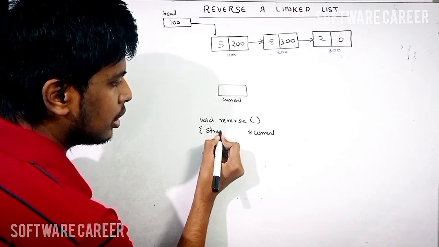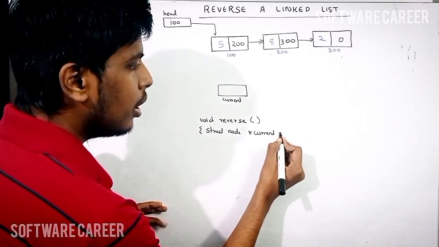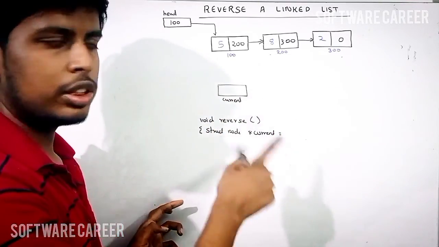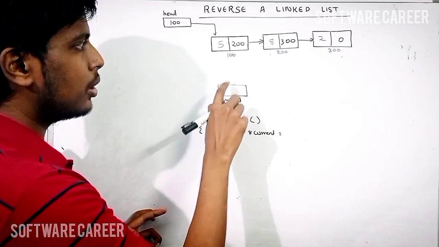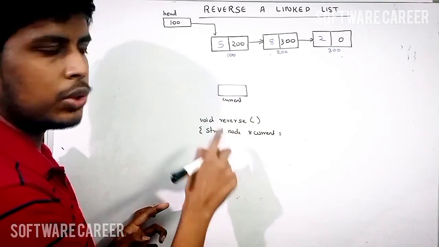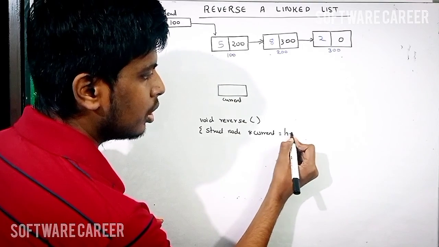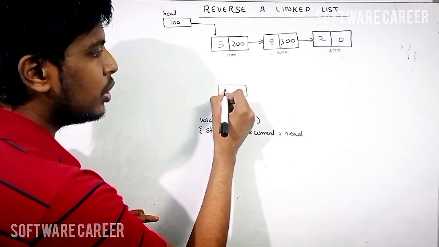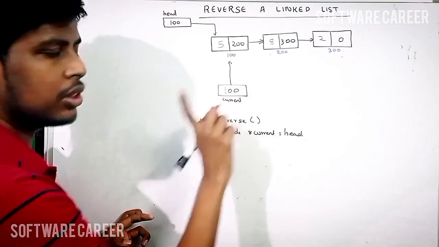Now, which node is the current pointer pointing to: first, second or third node? It's pointing to the first node, so I should store the address of the first node here. Where is the address of the first node stored? In head. So I should write current equals head. Head value is 100, so I am storing 100 in current, and this pointer is pointing to the first node.